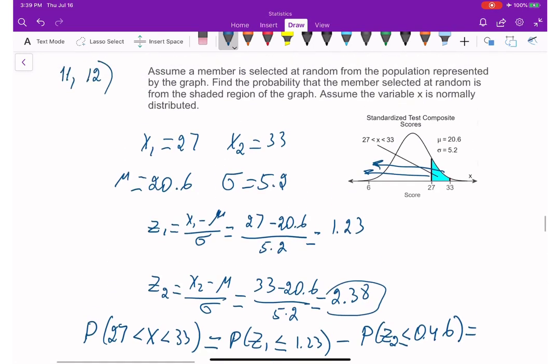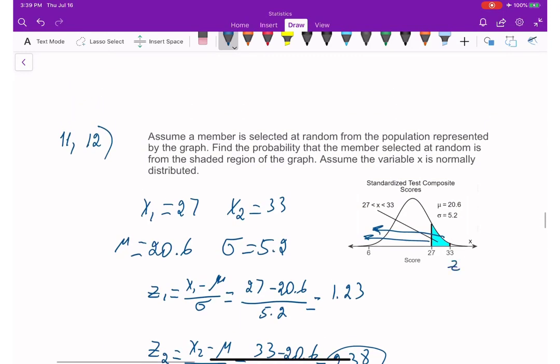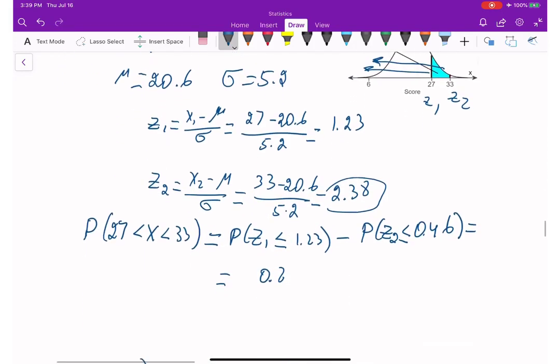It's going to be Z2, of course. This is Z2, this is Z1. So I have to take Z2 minus Z1.